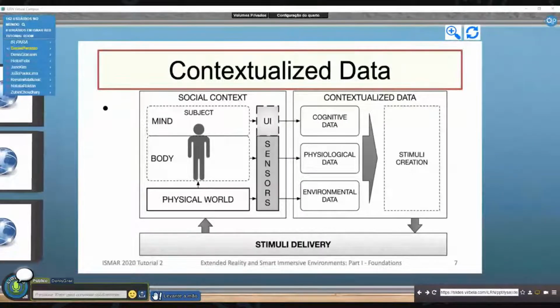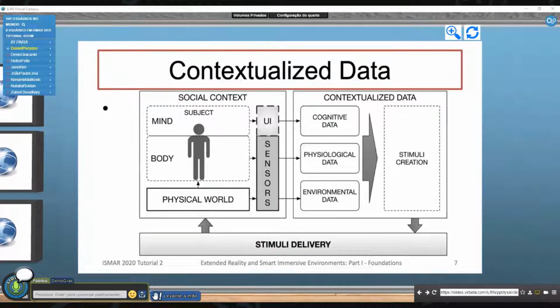That user also is a source of information, physiological signals, body tracking, and so on. But also there is a mind, in other words, cognitive load, and that's something that we can get through some user provided information to survey and so on.